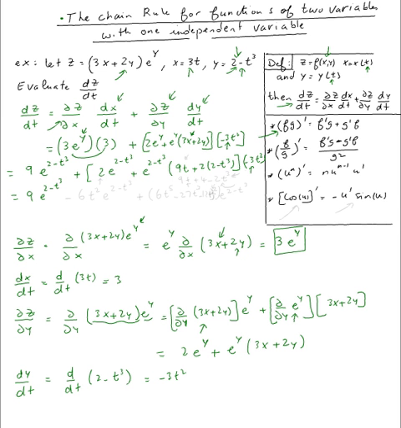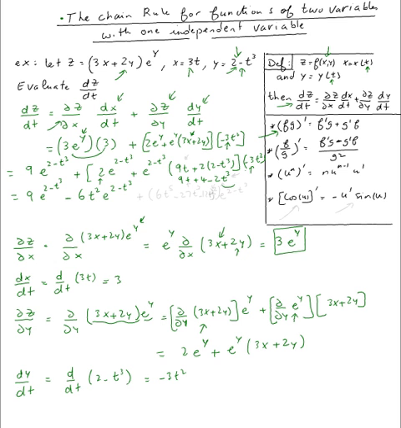Let me distribute this minus 3t squared. If I multiply it here, this is going to be minus 6t squared e to the (2 minus t cubed). And then I'll multiply it. This is 9t plus 4 minus 2t cubed.